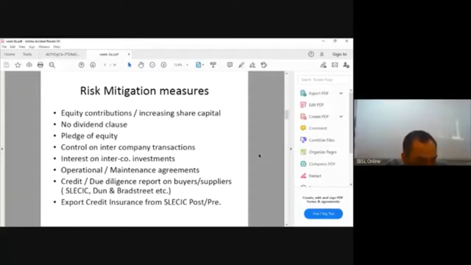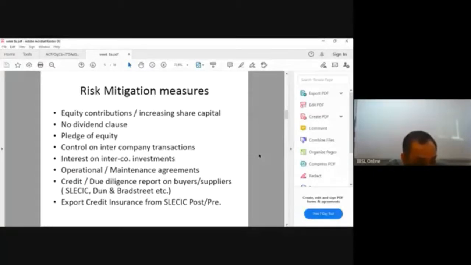He is exporting cinnamon, but banks are not giving any pre-shipment loan because the customer is new. They also want low-cost funding for the exports; they don't want to go to other money lenders. Then they go to SLECIC, get a guarantee from them, and give it to a bank. Backed by the guarantee, the bank will provide the required finance, right?